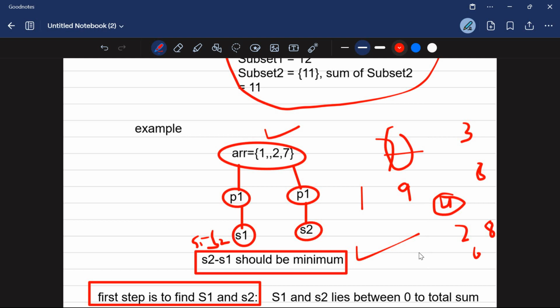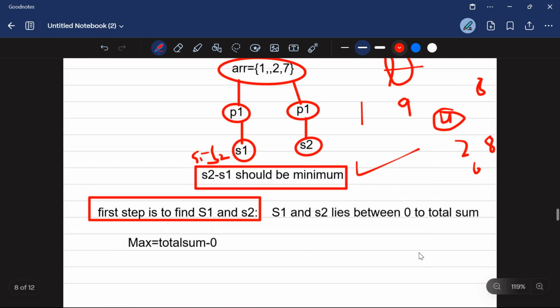I will show you an example. One more thing: in this question, the question asks for the minimum difference. If the question said it requires the maximum, how would you think? Simply total sum minus 0.